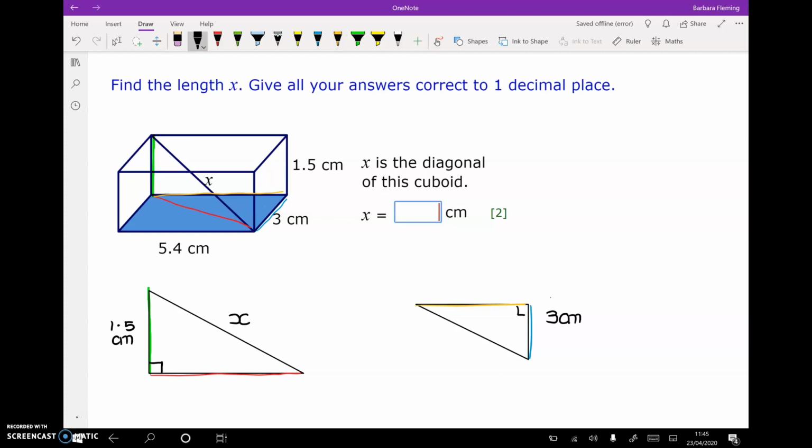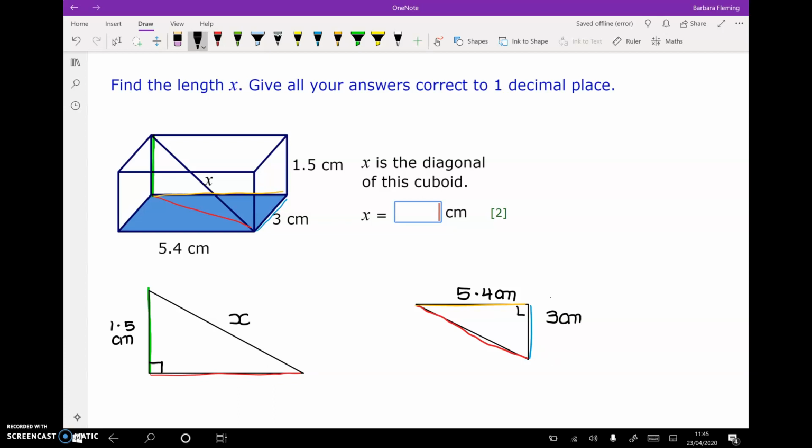And that's going to be 5.4 centimeters. And then our line here is the same as the red line in our left-hand triangle and in the shape. So they're all the same, that diagonal at the very bottom of the shape that we're looking for.